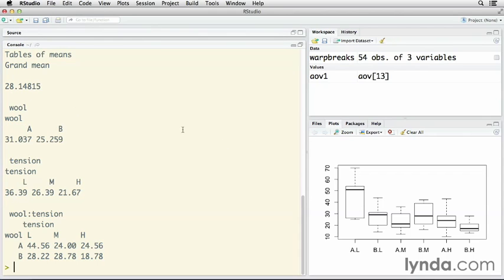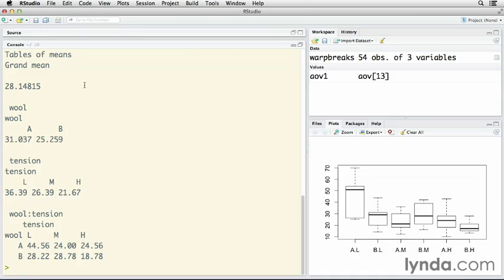So overall, the grand mean, the number of breaks is 28. Okay, fine. That's across all six conditions. The two wools, A had 31 breaks and B had 25.2. Now that appears to be a fair amount, but remember that one's not quite statistically significant. Tension, on the other hand, was a big effect. Low tension, there were 36 breaks across both wools, medium 26 and high 21.